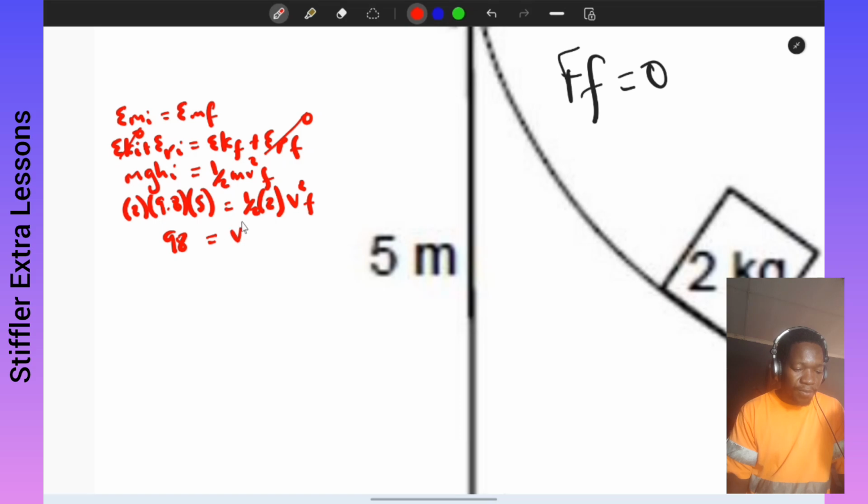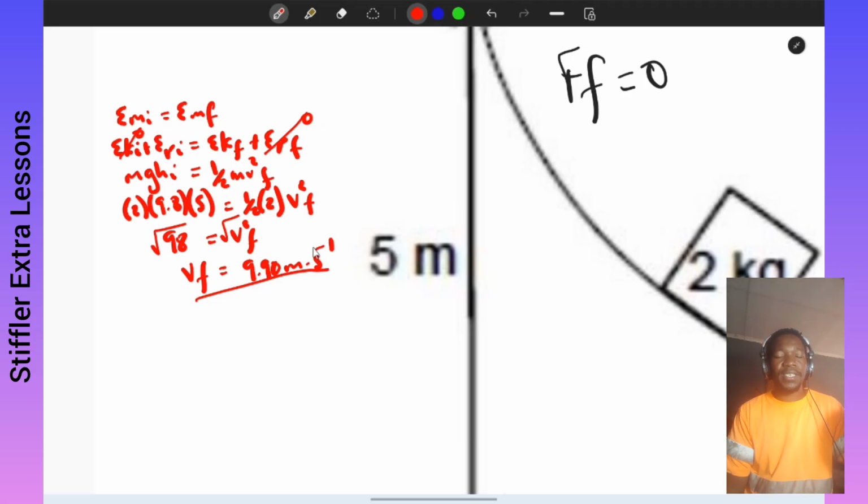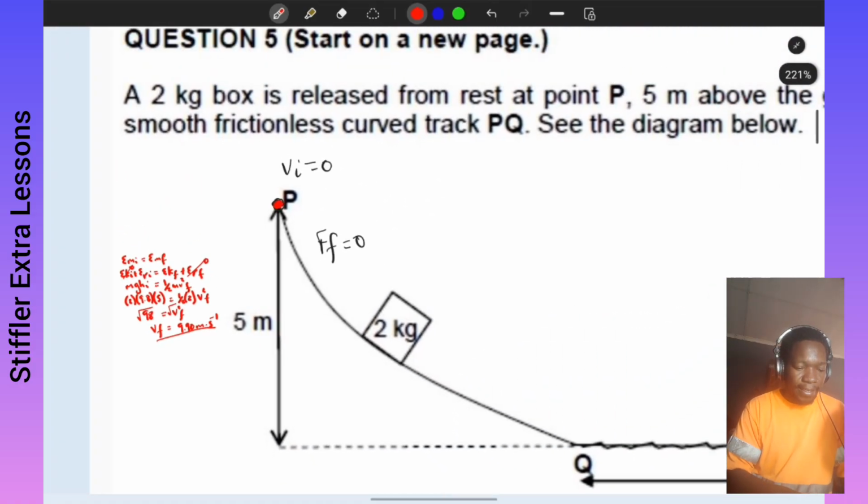So this becomes v squared final, and we take the square root. After doing the square root, our final velocity becomes 9.90 meters per second. So our velocity at that point is 9.90 meters per second.